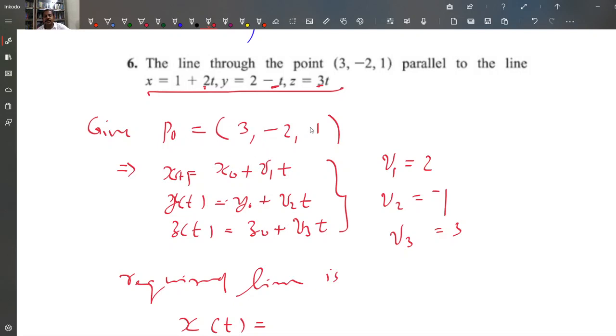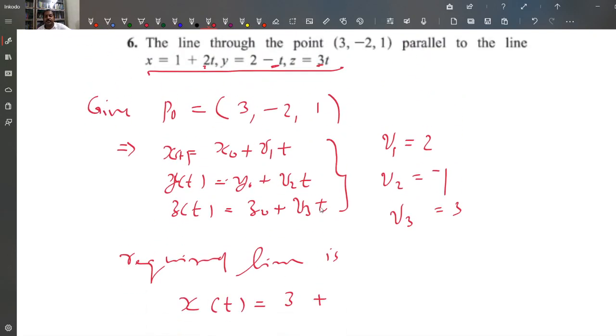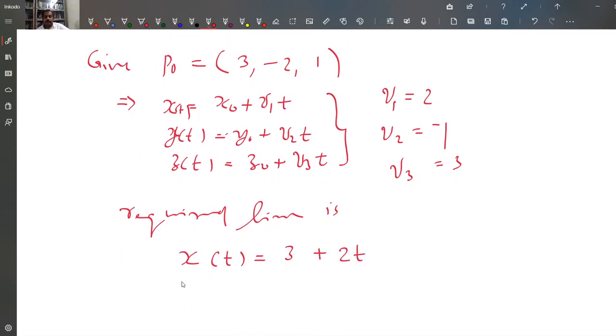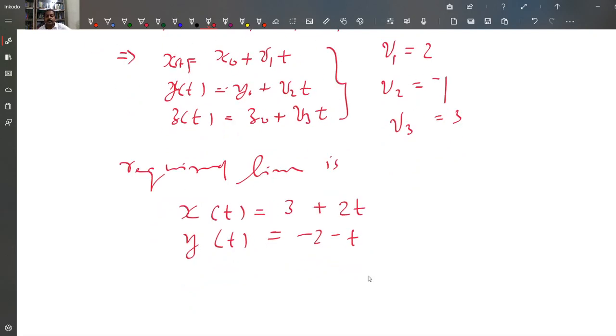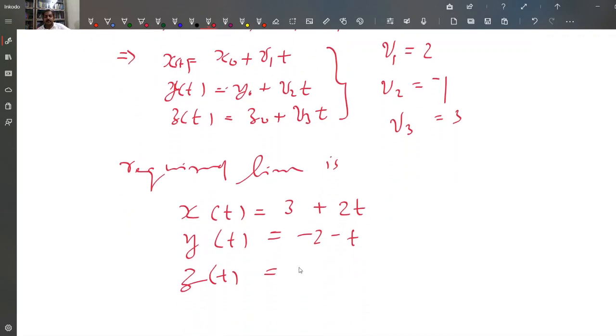So this passes through (3, -2, 1), means 3 plus 2t. y of t is minus 2 minus t, and z of t is, what is z naught? z naught is 1, so 1 plus 3t.